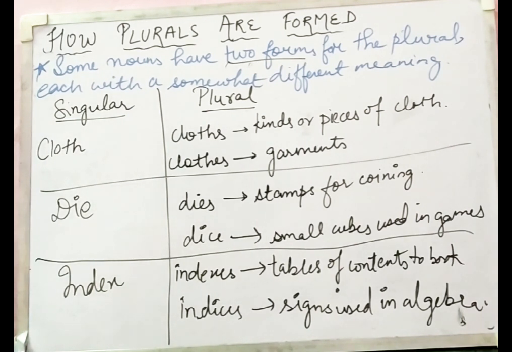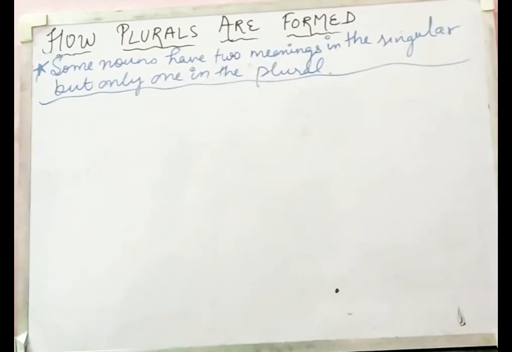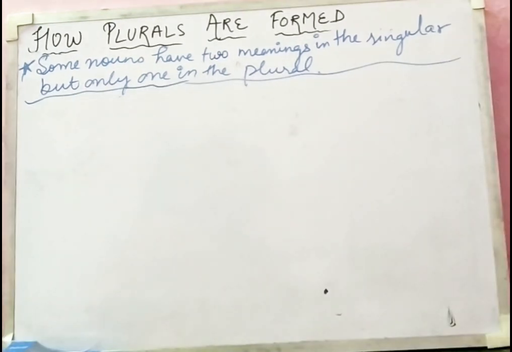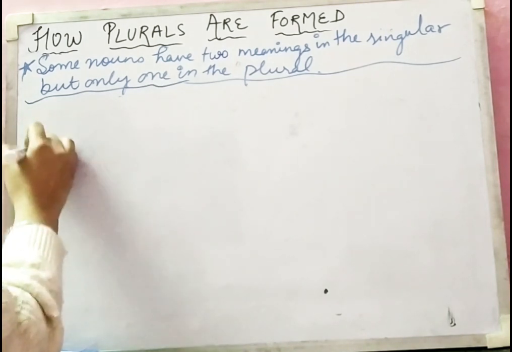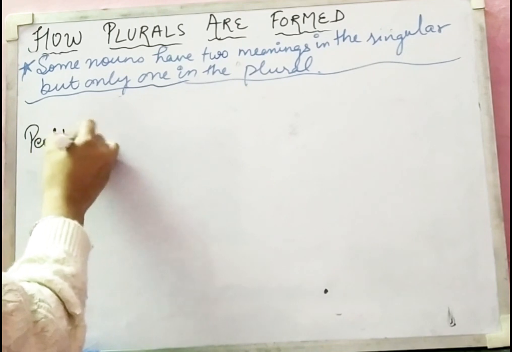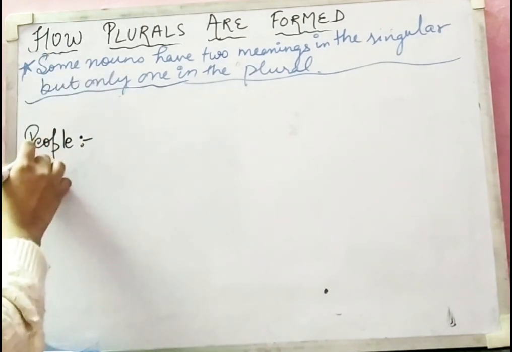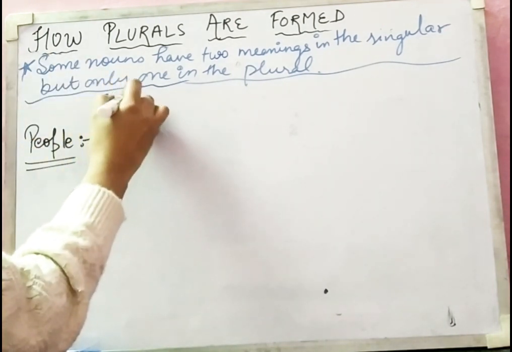Similarly, now we will proceed forward to the next concept. This concept is saying that some nouns have two meanings in the singular, but only one in the plural. Now what is that? Like if we take one example of people, I will tell you line by line. I have taken the example of people in singular.